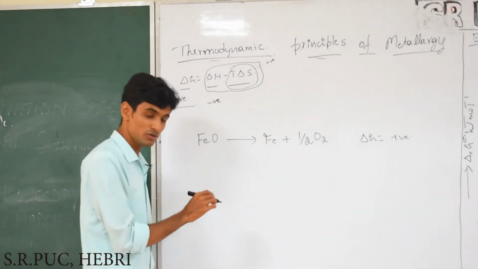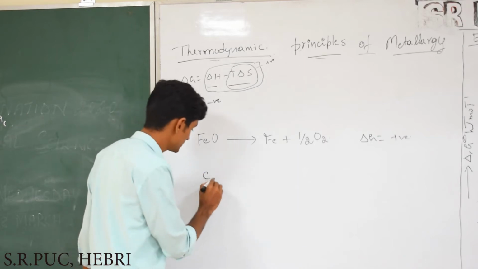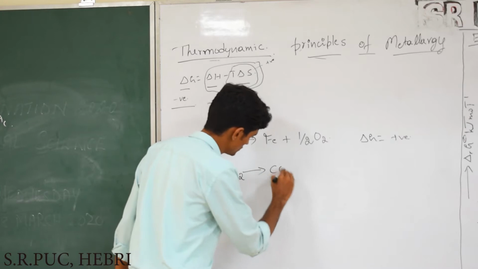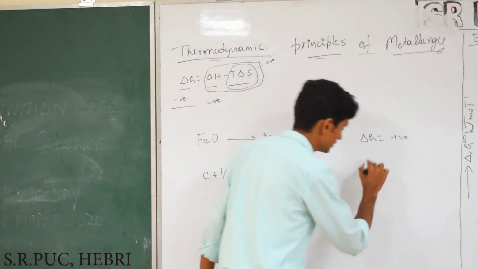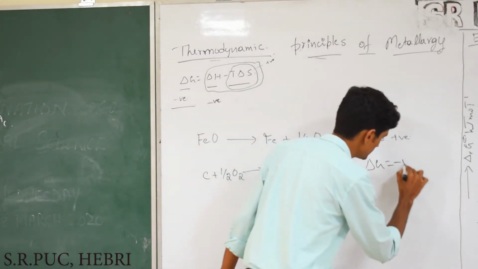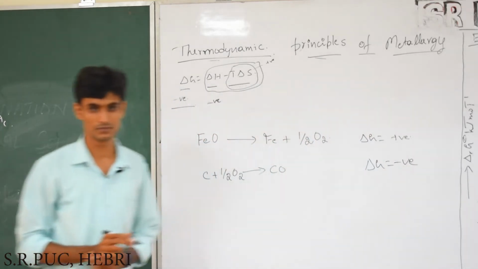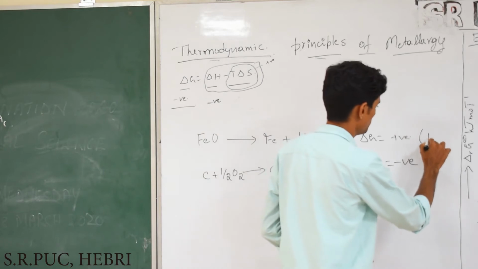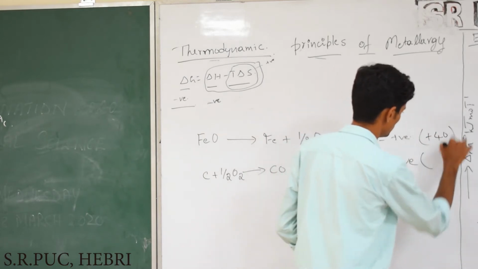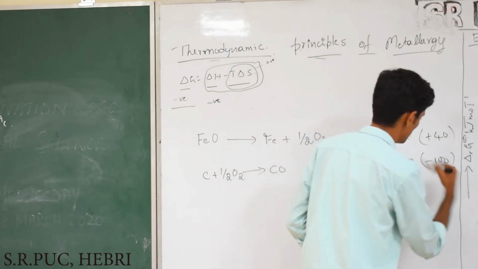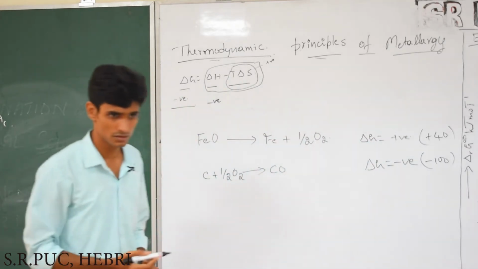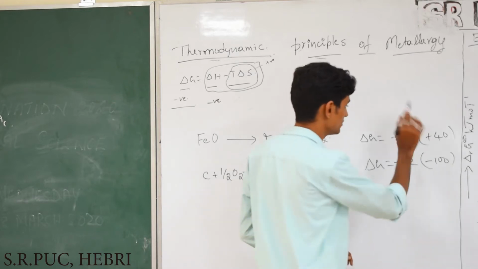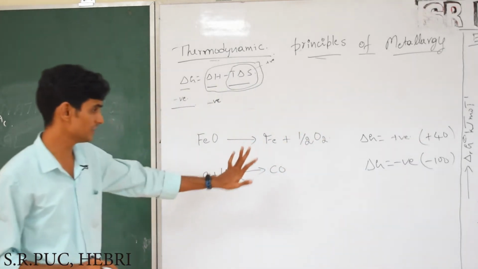I will take one more reaction, that is C plus half O2 gives CO. The delta G of this is negative. Let us consider this may be plus 40 and this may be minus 100. These are not real values, these are all fictitious figures I have taken here.